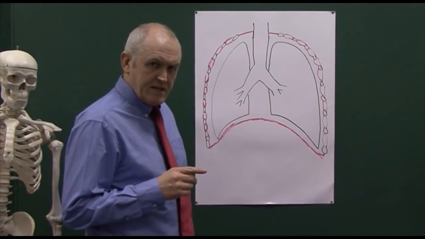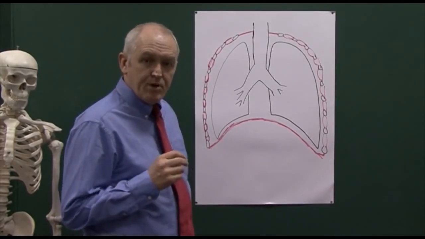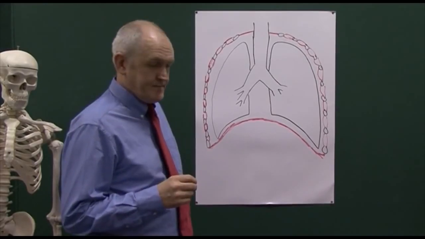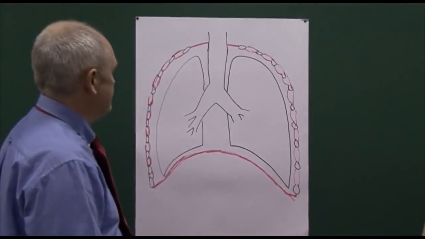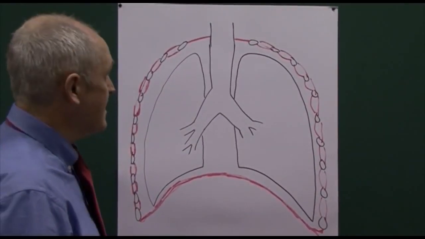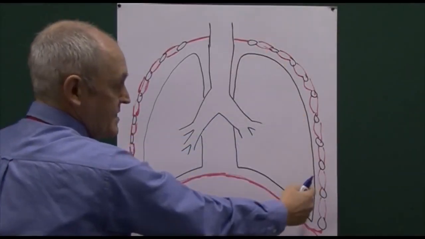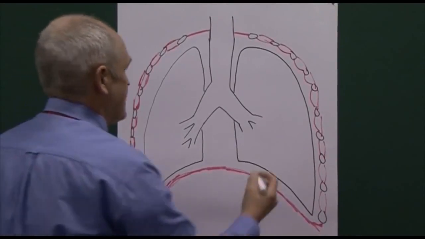But it's a little more complicated than this, because around the lungs we have the pleural membranes. So, we've got a membrane surrounding the surface of each lung, and a membrane surrounding the inside of the thoracic cavity. So let's try and draw these membranes now.